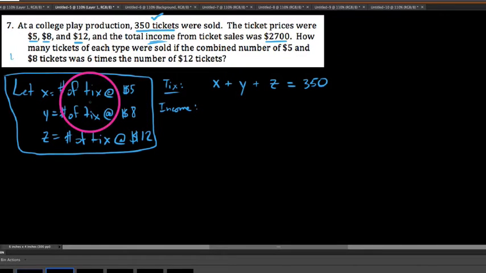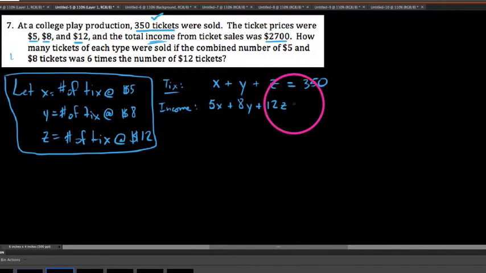If x was the number of tickets we sold at $5 and we made $5 for every one of those, then the total amount of money we made off the $5 tickets is 5 times however many of those tickets we sell. Likewise, 8 times the number of tickets we sell at $8 plus 12 times the number of tickets that we sell at $12. This should come out to be a total income of $2,700. And so the neat thing is that now we've accounted for these numbers here and matched up our units.